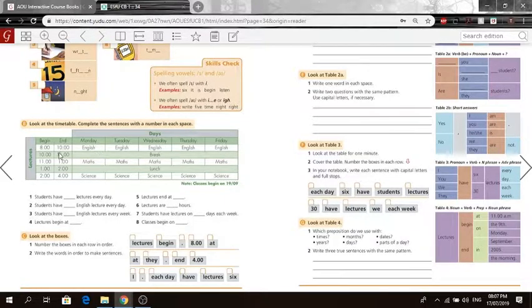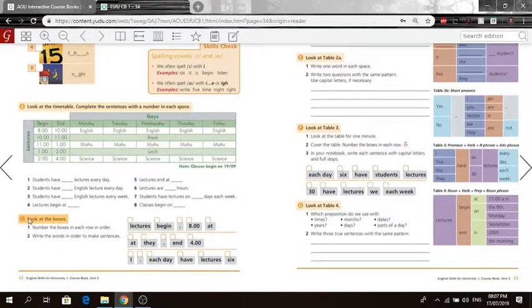Okay, so lectures usually last 2 hours, so T-W-O. 7, students have lectures on dash days each week, so on 5 days each week, F-I-V-E. 8, classes begin on, it's written right here, so you can just write the date as it is, 19/09 or 19/9.